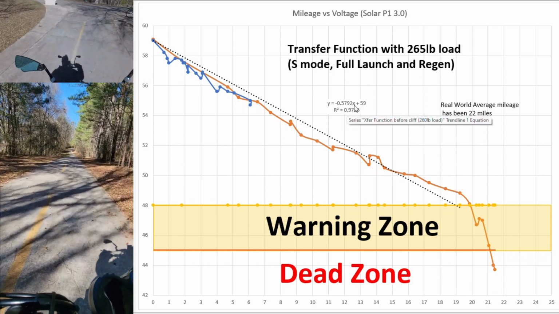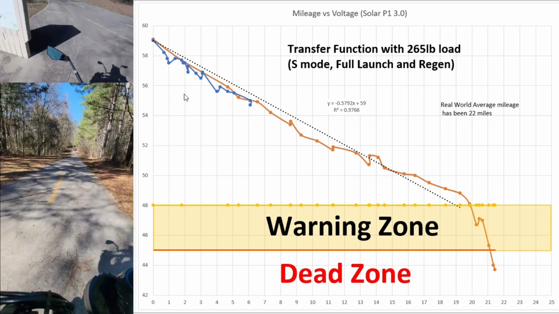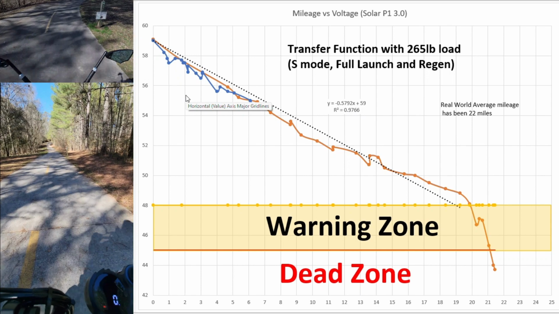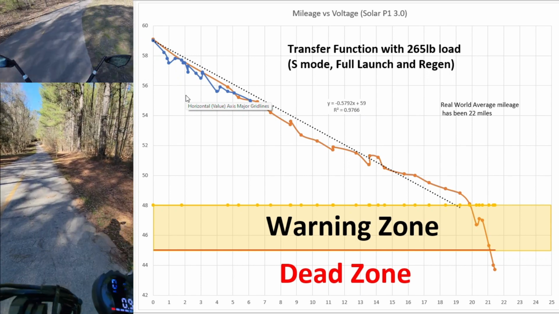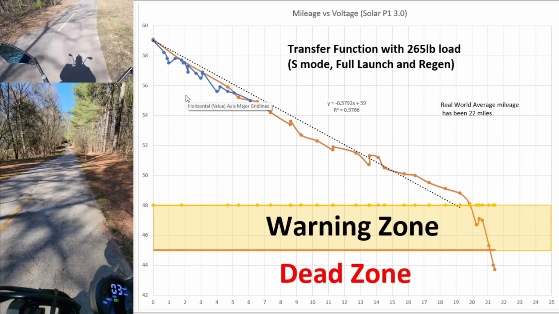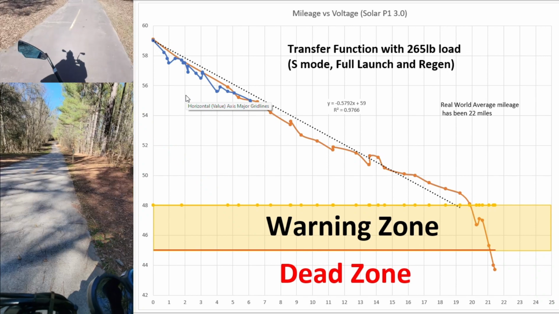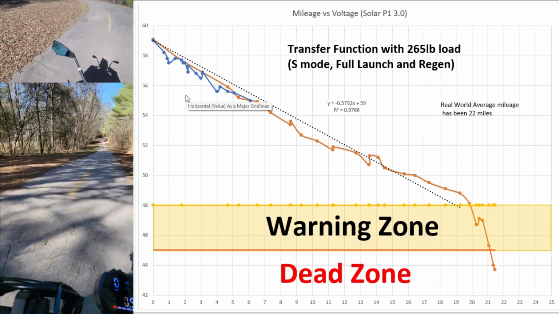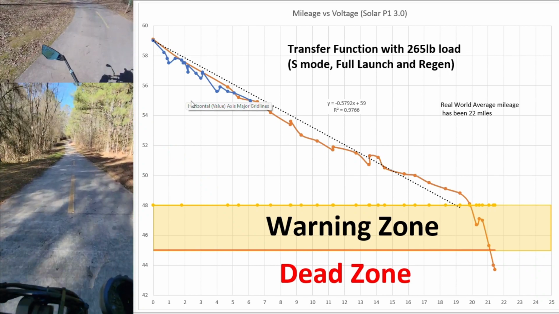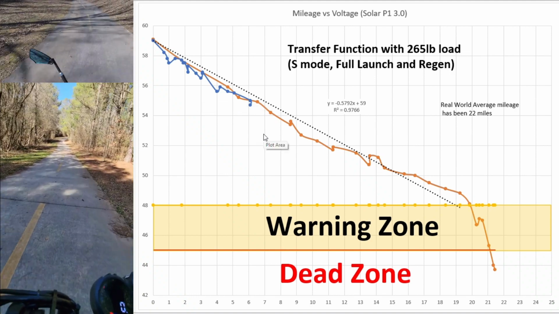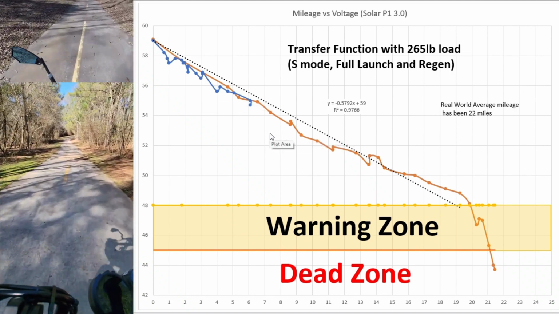And so I can look at that, and let's say I'm riding and I turned off the key and my trip odometer got reset, and I have no idea how long I've been riding. So I don't know if I'm going to be able to make it back on my battery voltage or not.